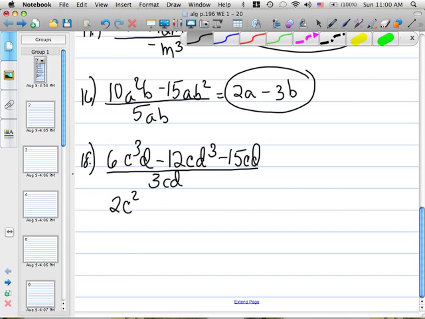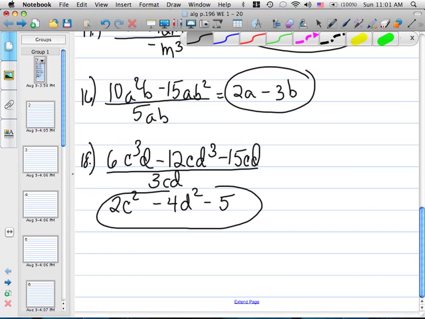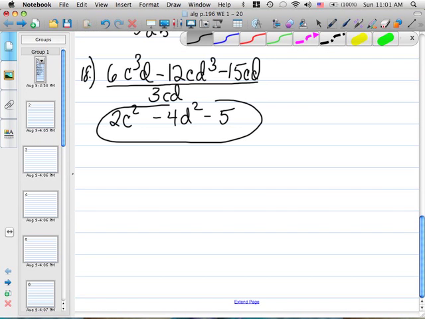I can take out a c, top and bottom, leaving me c squared, and I can cancel the d's. Negative 12 divided by 3 is negative 4. The c's cancel. I can take out a d here and a d here, leaving me d squared. Negative 15 divided by 3 is negative 5. The c's cancel, the d's cancel. So my answer is 2c squared minus 4d squared minus 5.